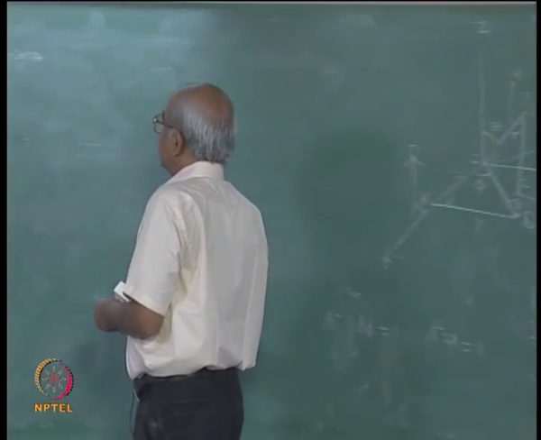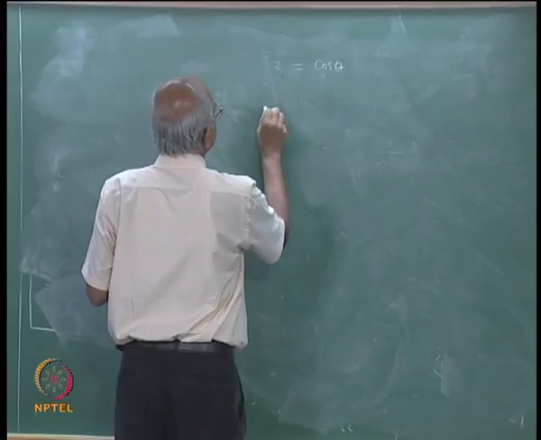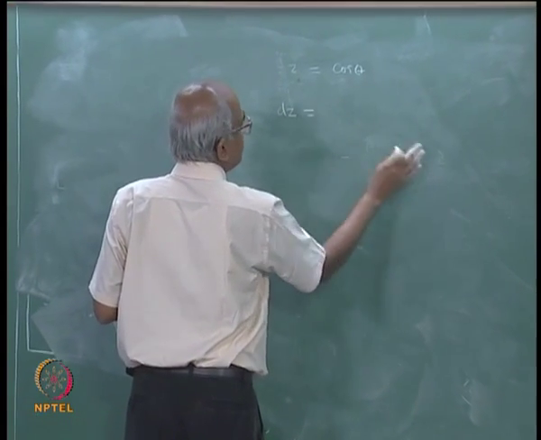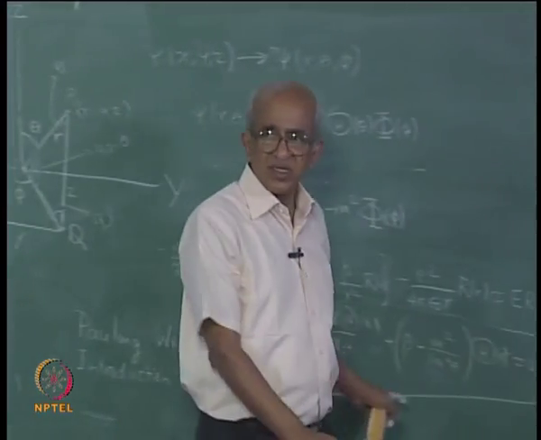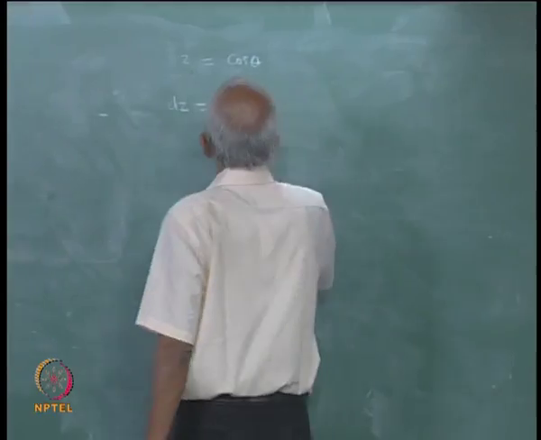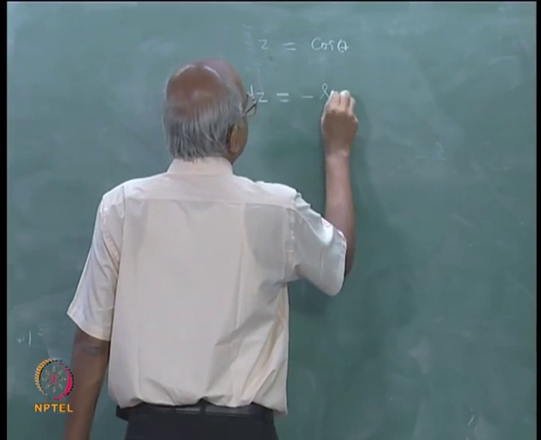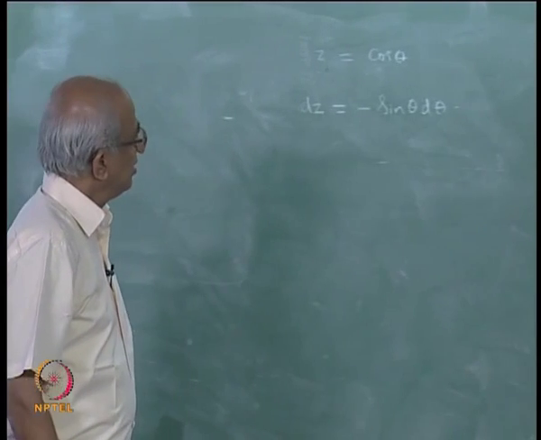If you have Z equal to cos theta, then naturally you will ask, what is dz? I am going to express this equation in terms of the new variable z, that is the aim. If z is defined to be cos theta, then dz will be minus sin theta d theta.